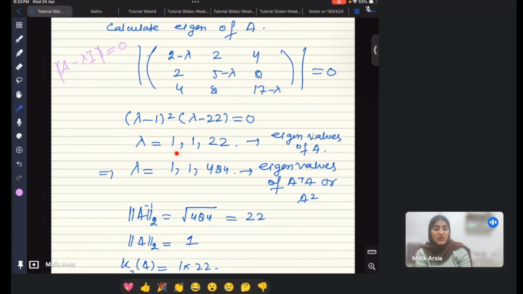But if you are taking the eigenvalues of A transpose A, it will simply be equal to the square root of the max of the eigenvalues of A transpose A. So that is what I have written here. Okay.